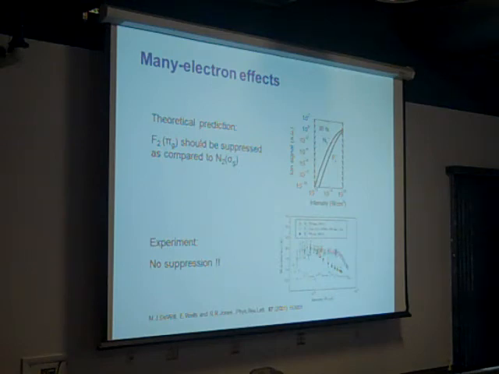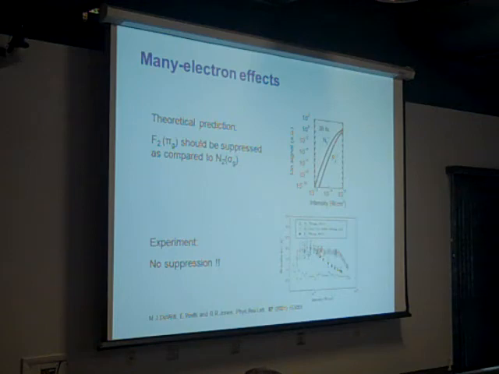If you look at this one, these are the N2 data, and these are the F2 data, and this is another set of N2 data. The experiment shows that the ionization of F2 is actually not suppressed as compared to N2. So we can qualitatively explain the ionization of certain kinds of molecules, but not of all of them.